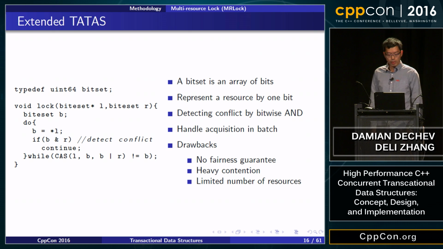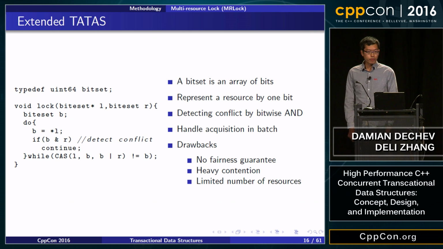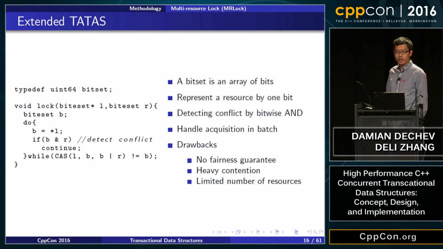But there are a few drawbacks. It provides no fairness guarantee, so all threads are contending for the same memory location. Whoever wins the CAS wins the access to the requested resources. And it causes heavy contention for the same reason, because it has only one memory location for you to contend.